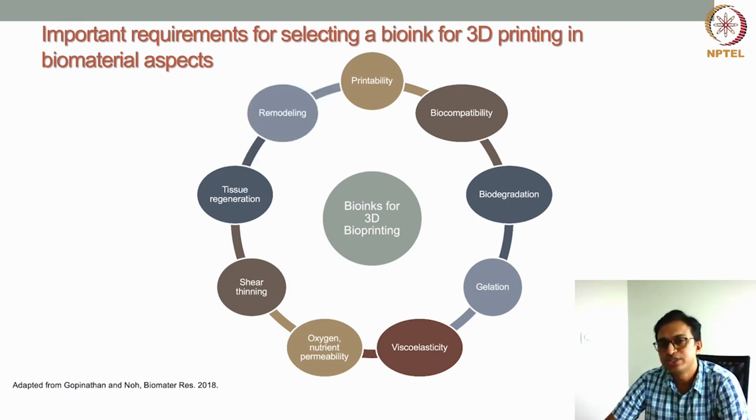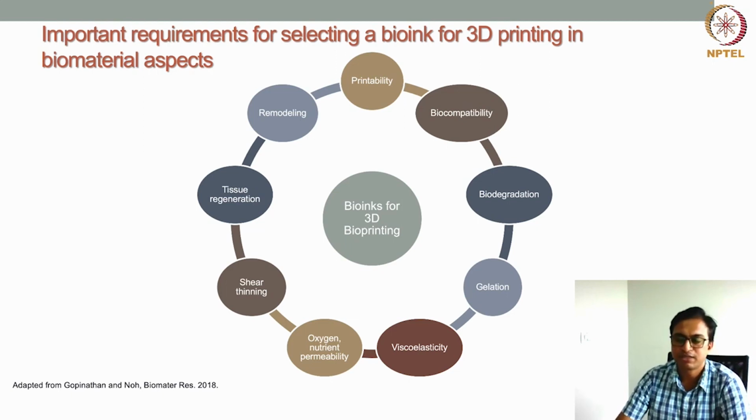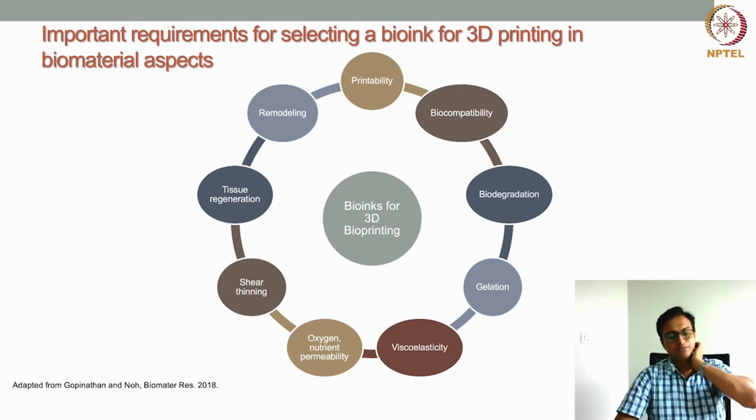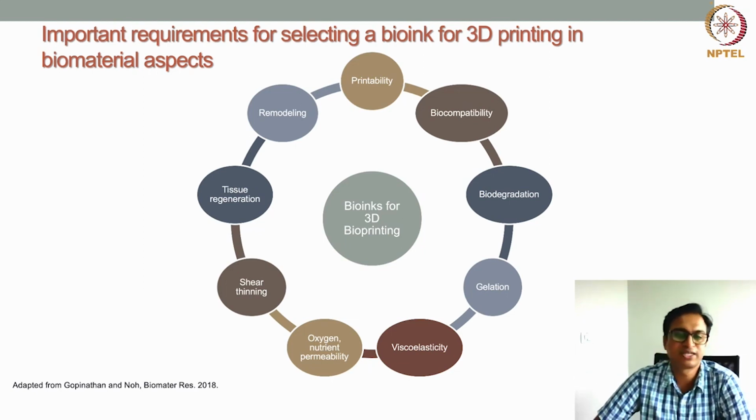Then also the remodeling. As we have discussed earlier, the biomaterial should be degradable, that means biodegradable. After bioprinting the structure, the biomaterial degrades, and it leaves space for the cells to produce or deposit extracellular matrix, right?